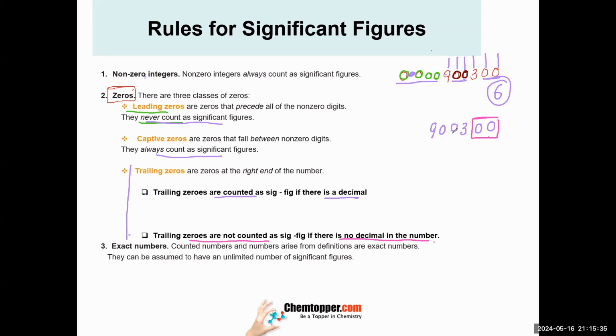Captive zeros are always counted. So they are counted, these two. So can you tell me how many sig figs are here? 1, 2, 3, 4. Do not count these trailing zeros because there is no decimal. So there are only 4 significant figures.